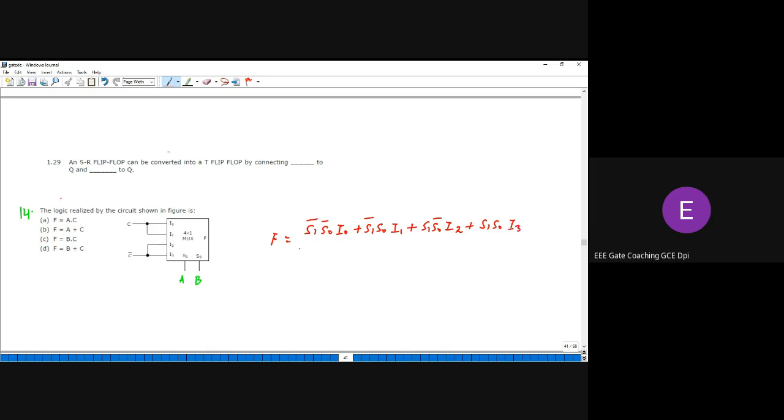Okay. So now what is S1 S naught? S1 S naught is A bar B bar. What is I naught? I naught is connected to C. Then A bar B C plus A B bar C bar plus A B C bar.